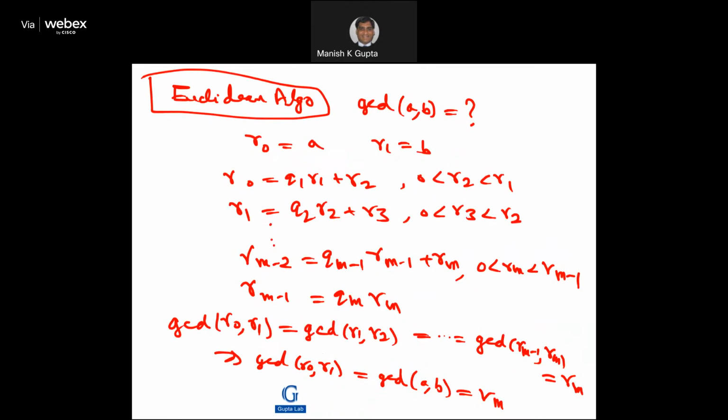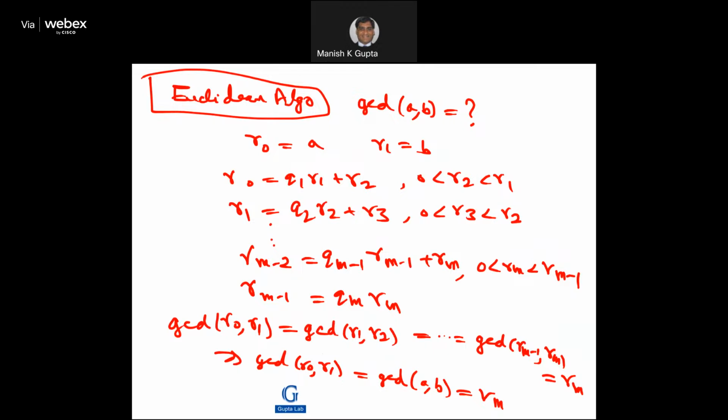So we were looking at the Euclidean algorithm earlier. In order to find GCD of two numbers, you need to look at the sequence of numbers R0, R1, which are the initial numbers A and B, and then R2, R3, and so on. We are continuously dividing and looking at the remainders. For example, R2 is the remainder in the first case, R3 is the remainder in the second case, and so on, right?